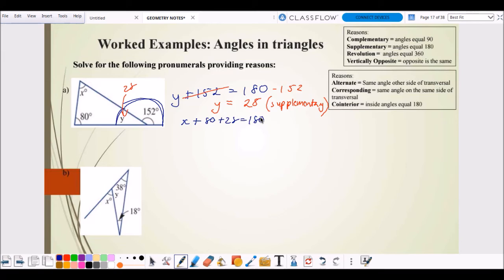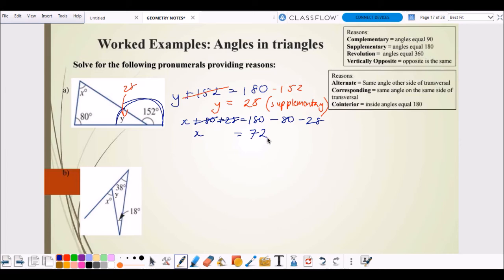And I wrote 180 because it's a triangle. Any triangle must equal 180 degrees. They're all pluses, so get rid of that 80, it becomes minus 80. Get rid of that 28, it becomes minus 28. X equals 180, take away 80, take away 28, which equals 72. So x equals 72. You don't need to provide a reason for those ones.